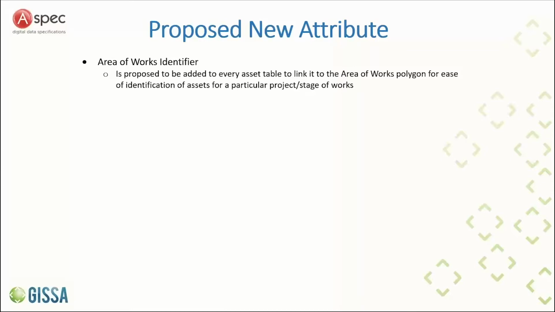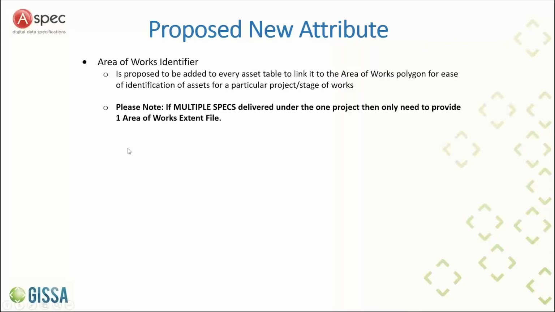One of the things that occurred from aggregating all of the common attributes onto the area of works polygon is that when there are complex projects and multiple projects provided and assets going across boundaries of these polygons, it's actually difficult to identify what assets are in which project or stage of works. I'll cover that off in a moment about multiple specs.